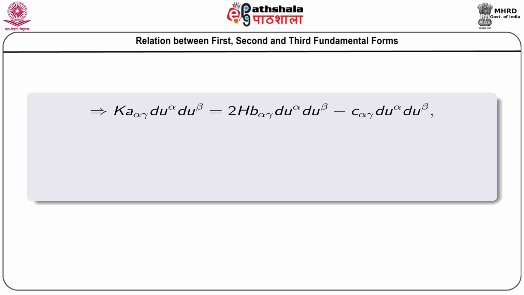So, putting the expressions for the first, second and third fundamental forms, we have K A equals twice H B minus C, or we can write in equation form that C minus twice H B plus K A equals 0. So, this is the relation between the first, second and third fundamental forms.